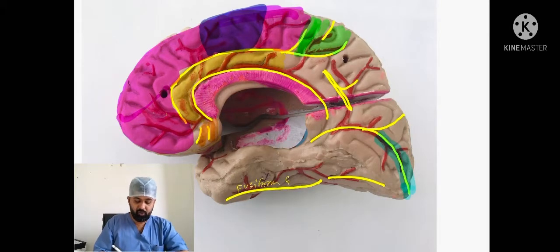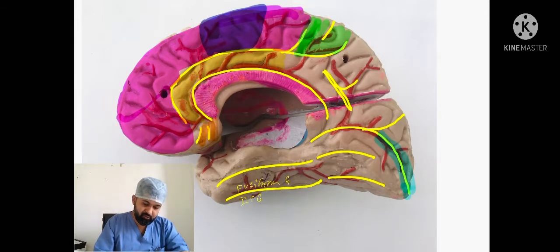The gyrus lateral to the inferior temporal sulcus is the inferior temporal gyrus. Medial to the fusiform gyrus, we have another sulcus which is known as the collateral sulcus.